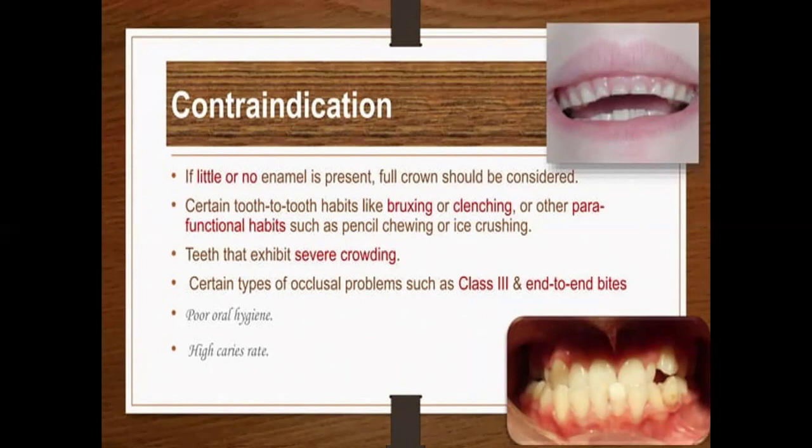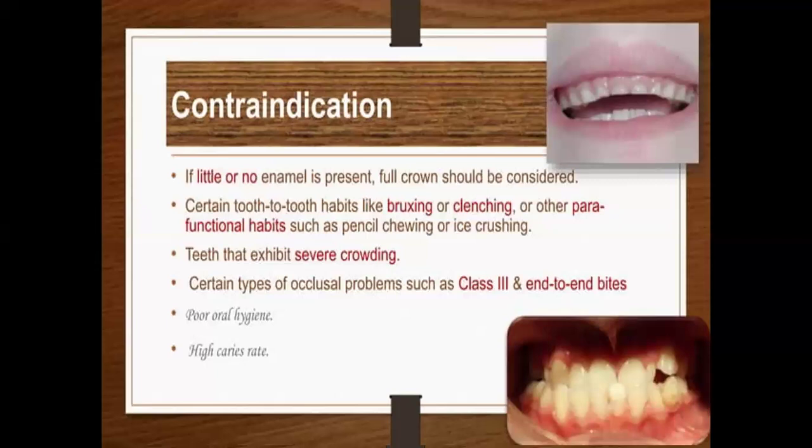Certain habits like bruxism or clenching, or other parafunctional habits such as pencil chewing or ice crushing, are totally contraindicated for veneer treatment. If there is severe crowding on the anterior teeth, veneers cannot be placed on such patients.